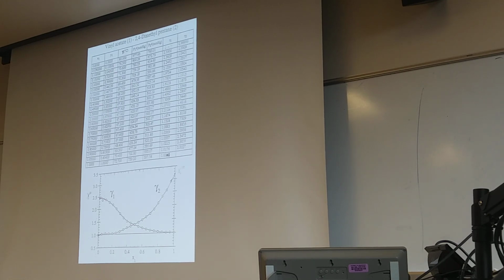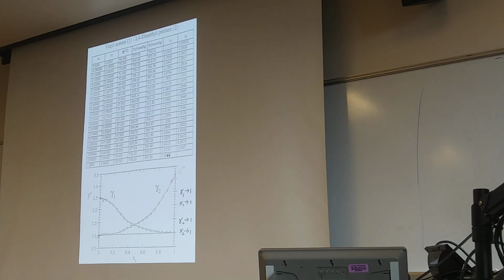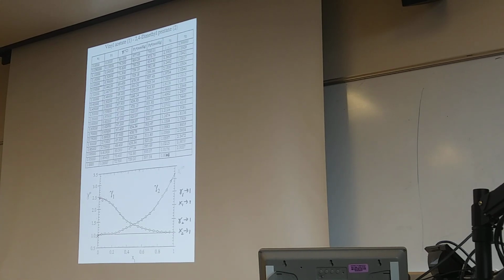Gamma 2 will go to 1 when x1 goes to 0, or x2 equals 1. Right, so let's make a note of that fact. And gamma 2 goes to 1 as x2 goes to 1. So when the mole fraction goes to 1, the respective activity coefficients go to 1.